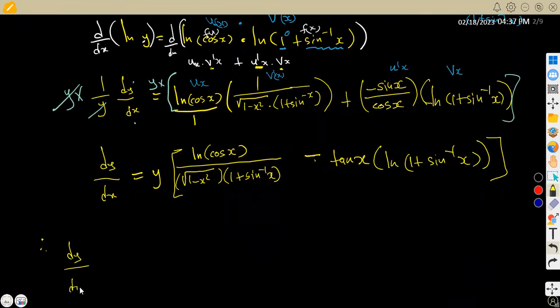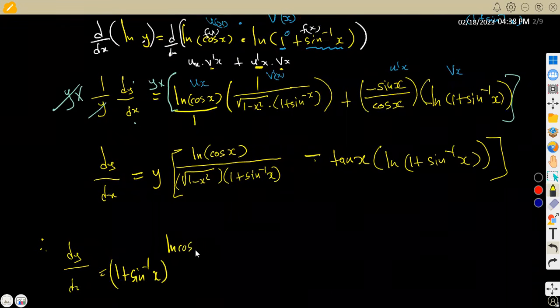Therefore, our dy dx in this case is going to be y, which is equivalent. It was 1 plus the arcsine of x, and everything was raised to ln cos of x, all right? Then this part, you repeat it as it is here.